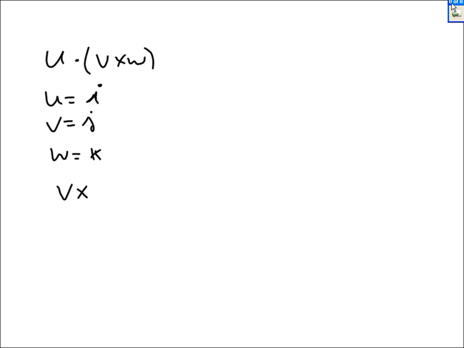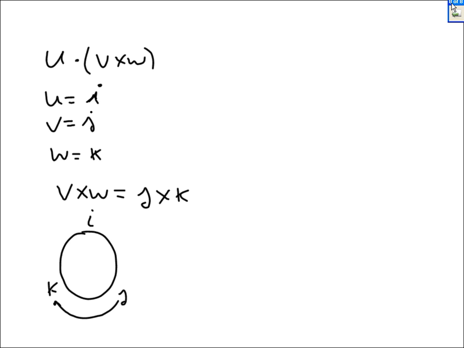So v cross w would really be j cross k. Oh, that's the circle. I, j, k. Clockwise does not give you the negative sign. Counterclockwise gives you the negative sign. J cross k, and when clockwise, that gives me i.